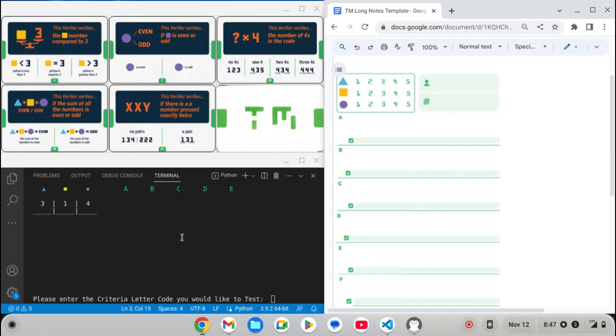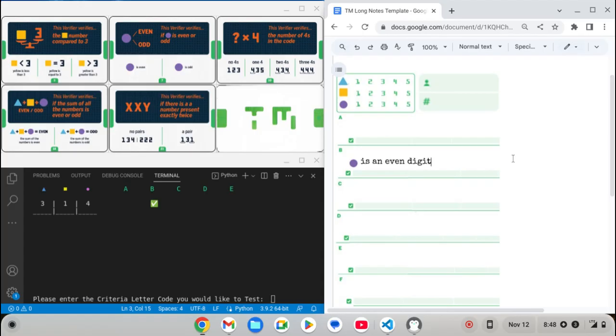So the first thing I'd like to test is criteria card B. Okay, so the Turing machine approves of my choice for a circle. I did pick an even 4. And of course, since the Turing machine agrees with that, yes, circle is actually an even digit. So let's go ahead and type that up in our notes in section B. And we'll say that circle, again, is an even digit.